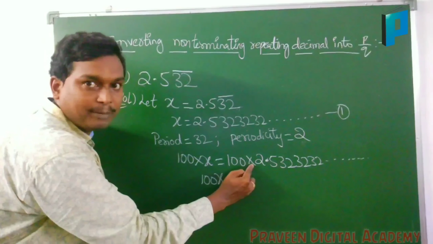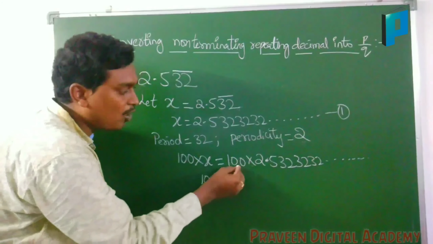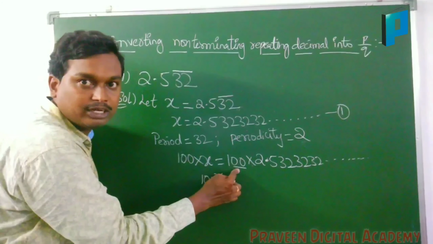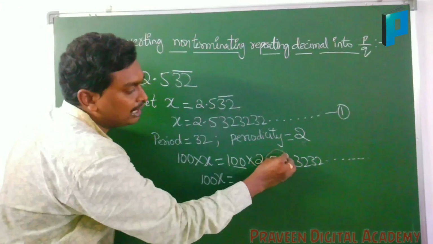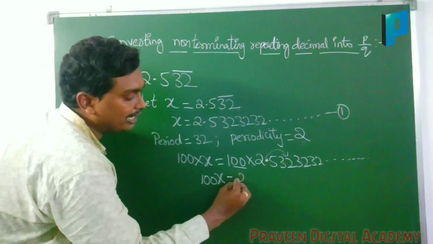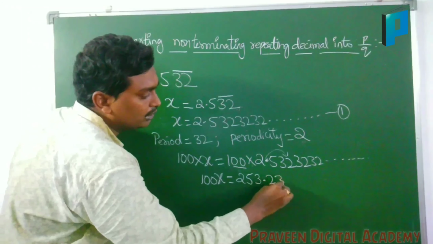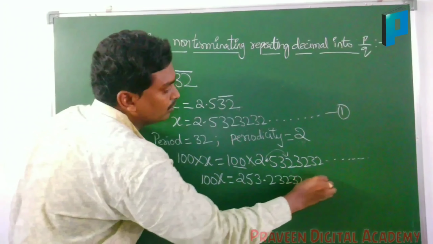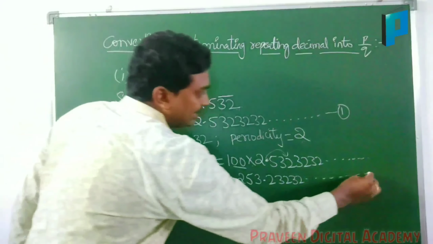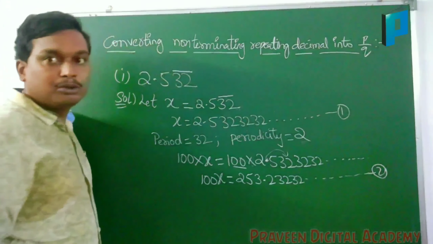Multiplying means the point goes towards the right. How many zeros are there? Two zeros, so the point moves 2 places. You will get 253.23232 and so on. Take this as equation 2.